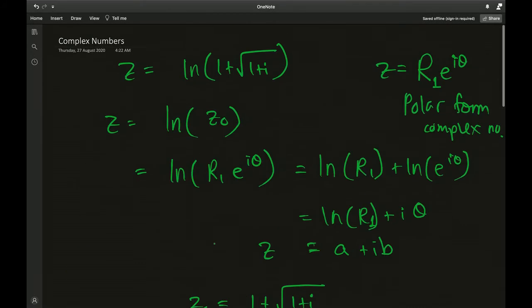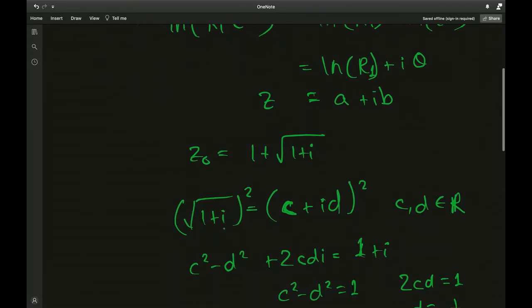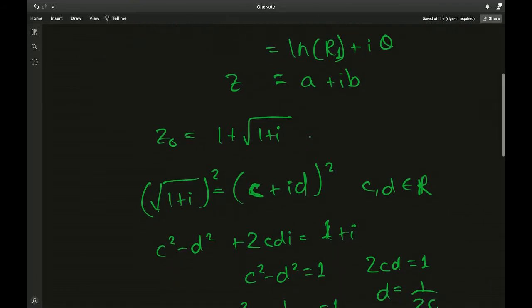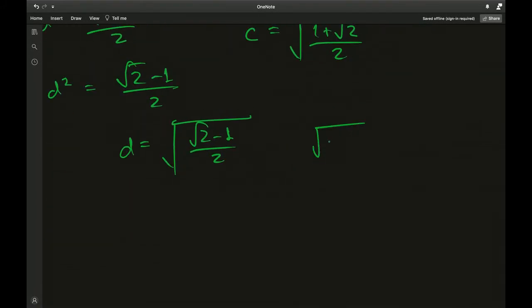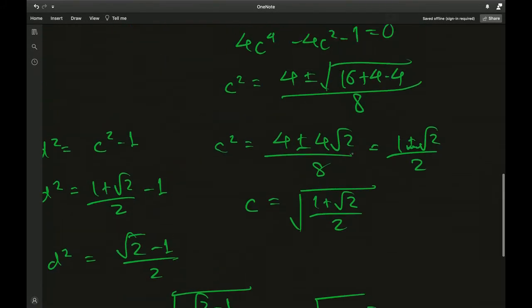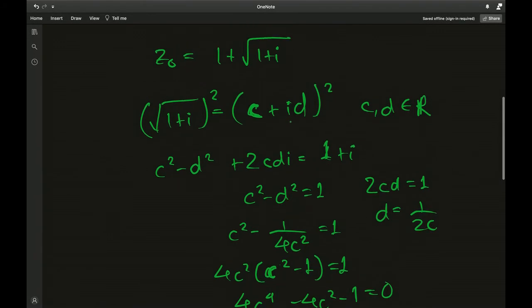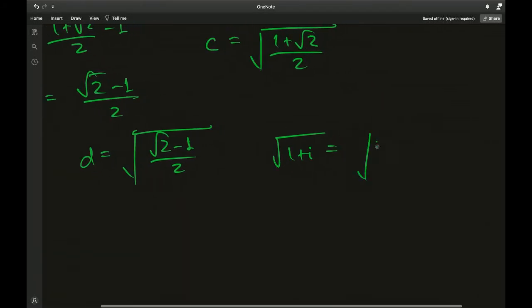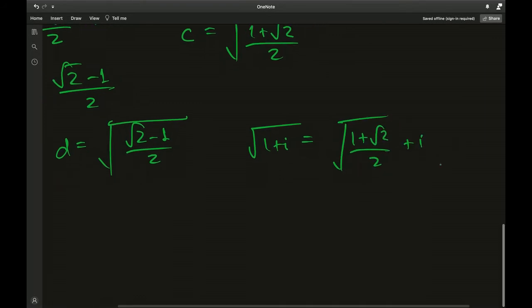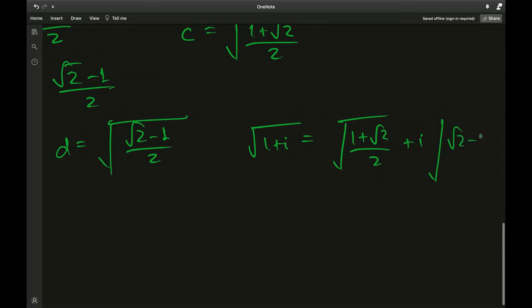So that means now, rather let me put it this way, square root of 1 plus i, as we discussed, can be expressed as c plus id, where c is square root of 1 plus square root 2 over 2, plus i times square root of square root 2 minus 1 over 2.